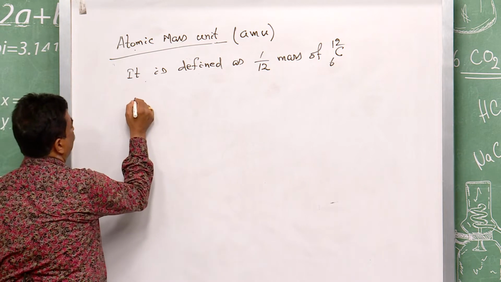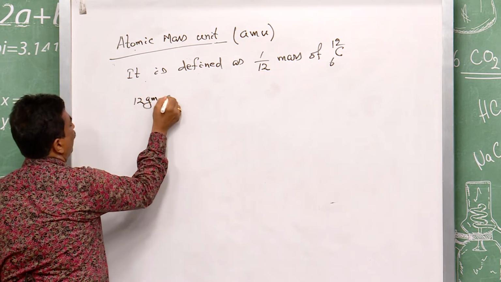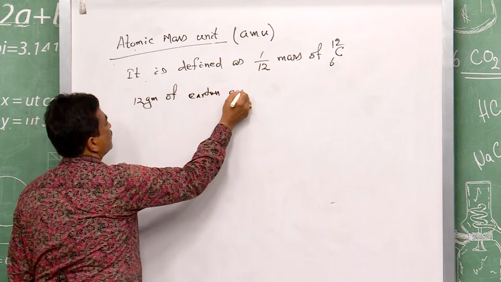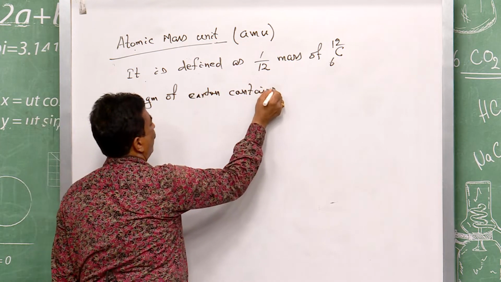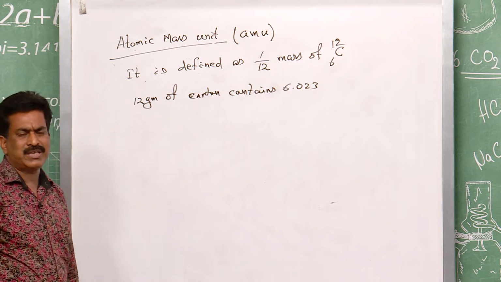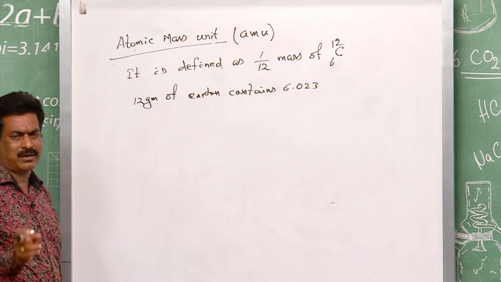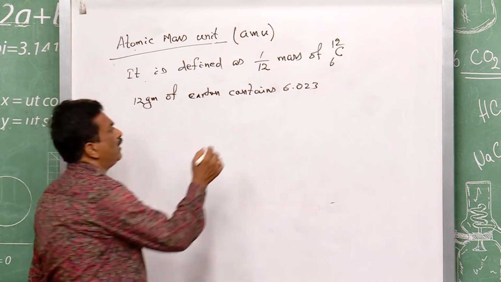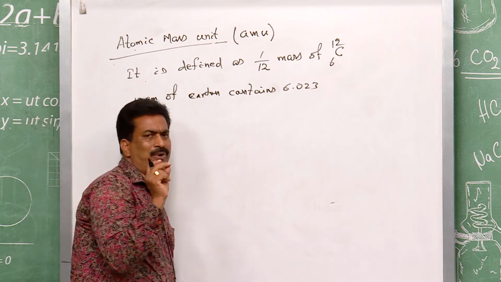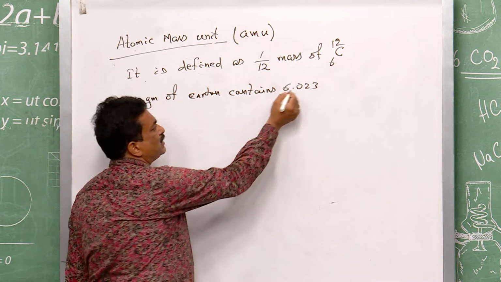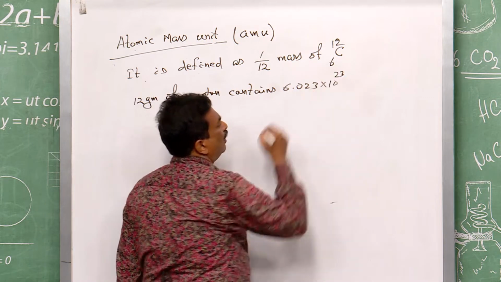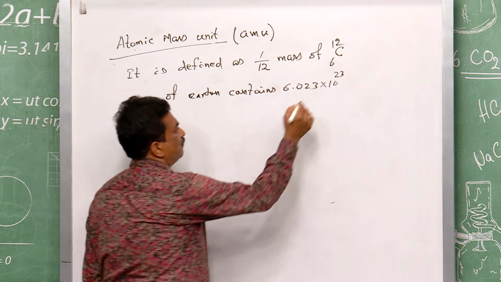And you know that 12 gram of carbon contains 6.023 into 10 to the power of 23 atoms.